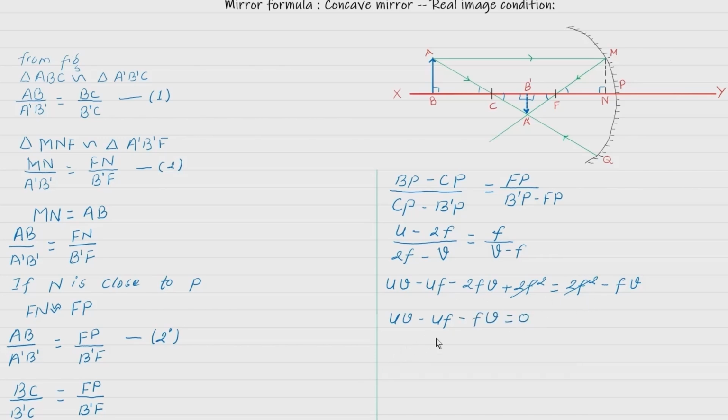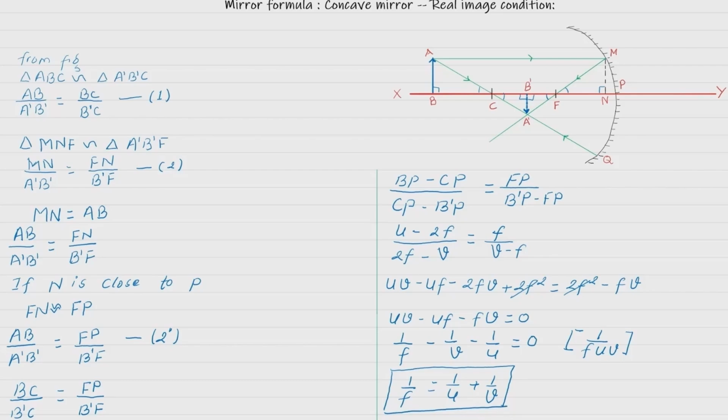Here dividing both sides by fuv, we get 1 by f minus 1 by v minus 1 by u is equal to 0. So we can say that 1 by f is equal to 1 by u plus 1 by v. This is our required mirror formula for a concave mirror in terms of the real image condition.